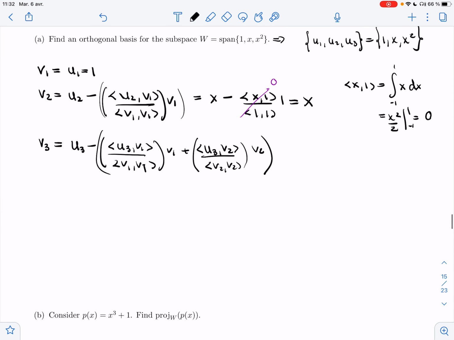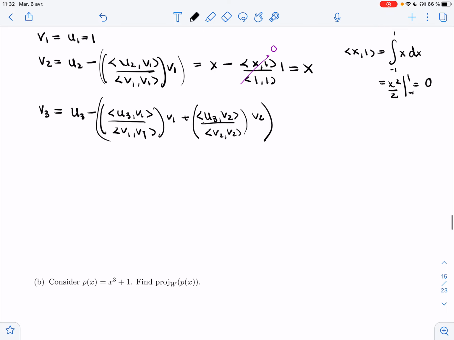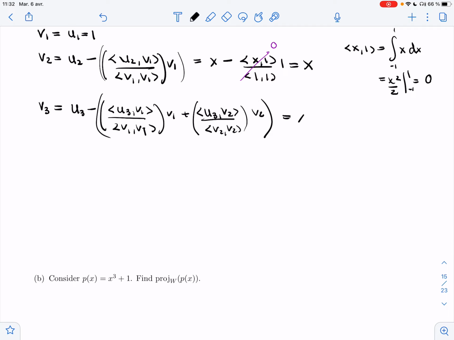All right, let me compute them here. So I'm going to take, oh wait, let me write what this is. This is x squared minus the inner product of x squared and 1 over 1 and 1 times 1, plus the inner product of x squared and x over x and x times x.